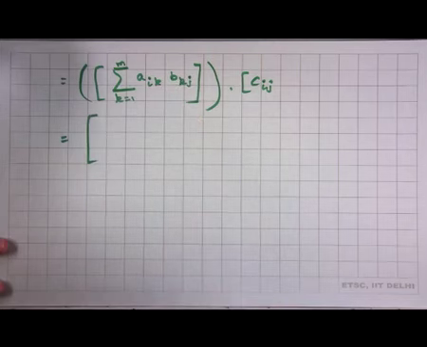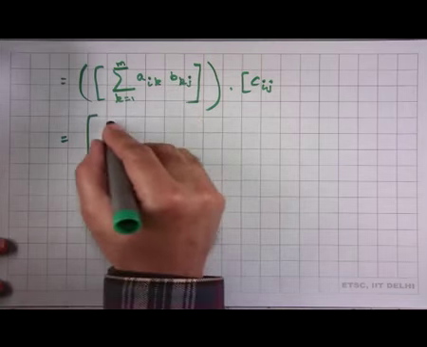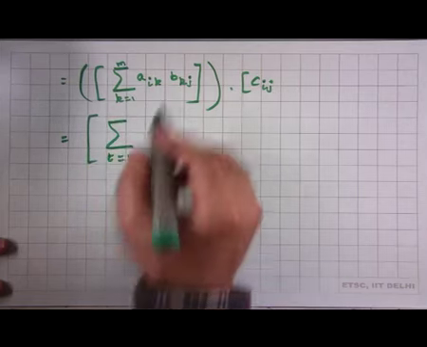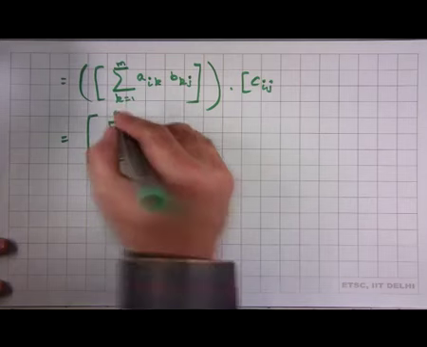I will have to multiply; let me just use the same thing, summation over t running from 1 to r.